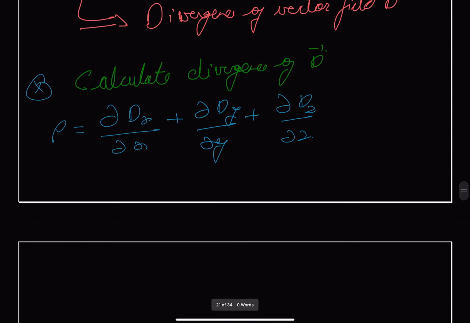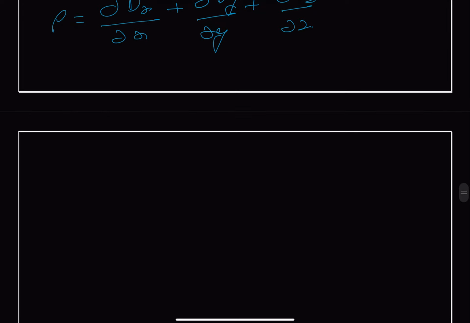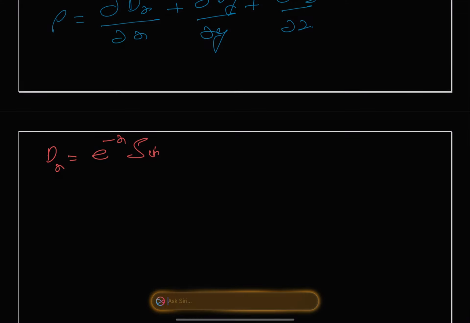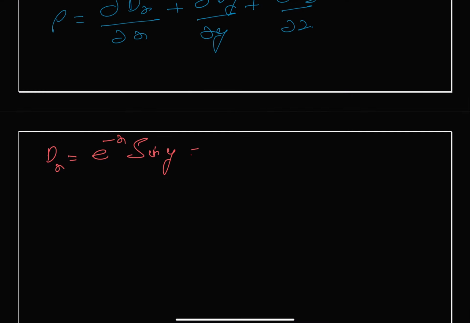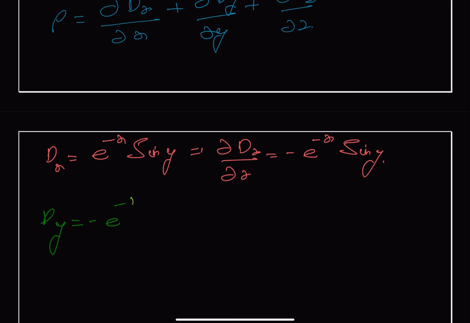So we know that our D of x is equal to e raised to the power minus x sine of y. So its partial derivative with respect to x will be equal to minus e raised to the power minus x sine of y. Similarly, D of y is given to us as minus e raised to the power minus x, and we have this as cos of y.